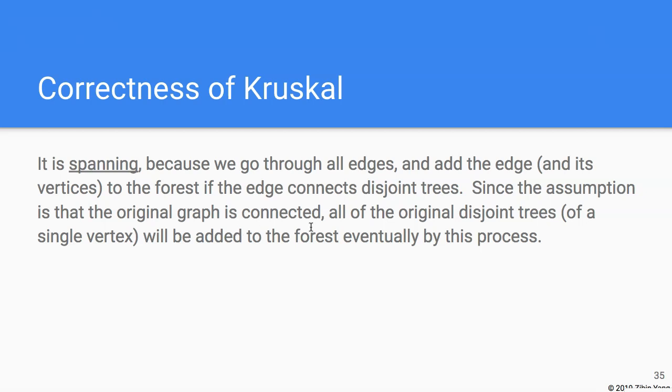At the beginning, each vertex is its own tree, which are all disjoint. So then, because we go through all the edges, we will eventually add each of the vertices to the forest by this process. And therefore, the resulting tree will span all the vertices.